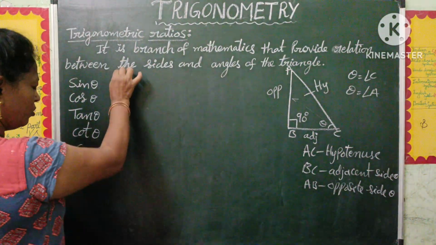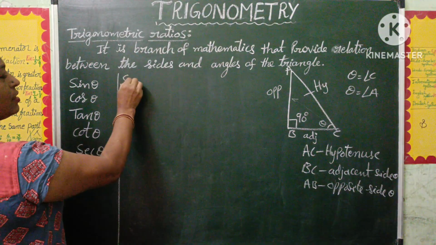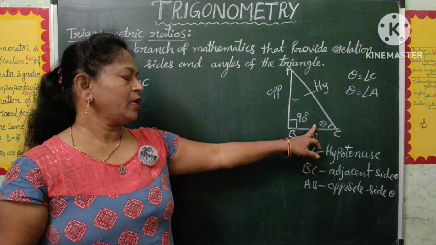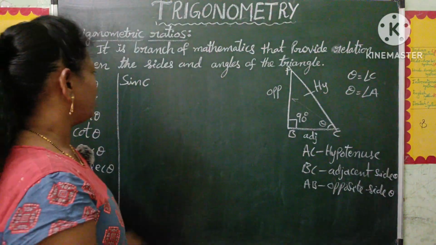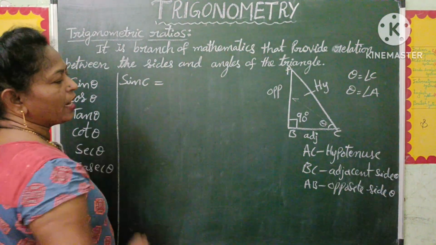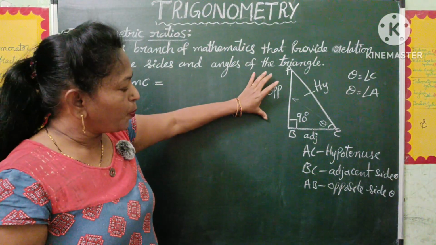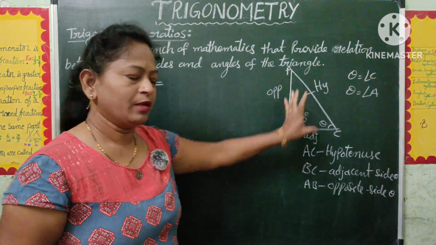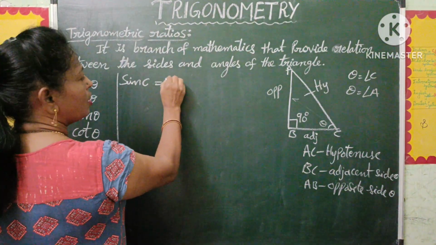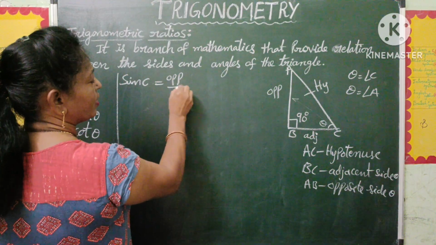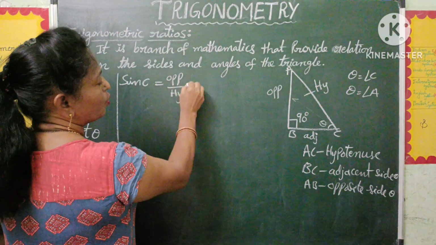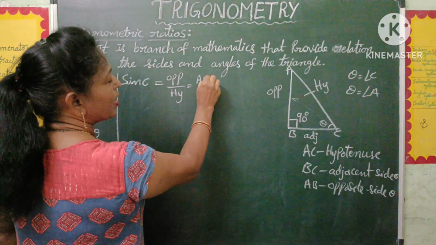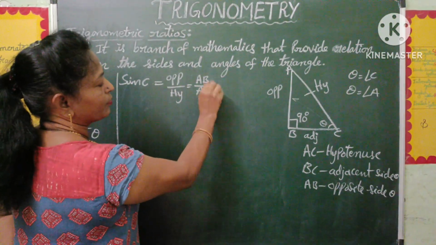First one is sin C, because we are taking the angle at C. Sin theta means side opposite to theta by hypotenuse, in shortcut way opposite by hypotenuse. The opposite here is AB, so AB by AC.